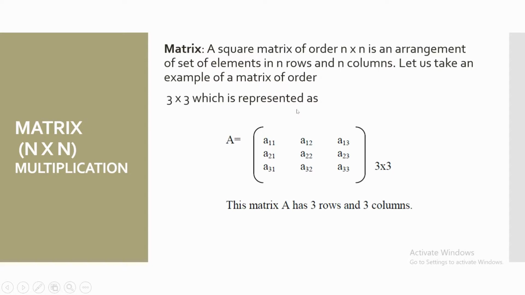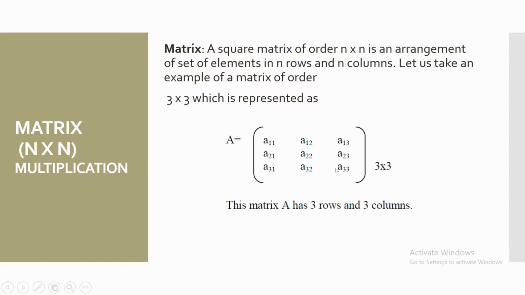So matrix is basically which has rows and columns in which we are storing our data in rows and columns form. So here I am having 3 rows and 3 columns. So first number denotes rows, the next number denotes columns.